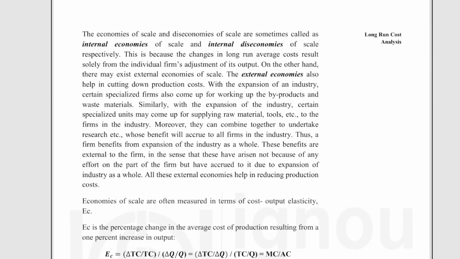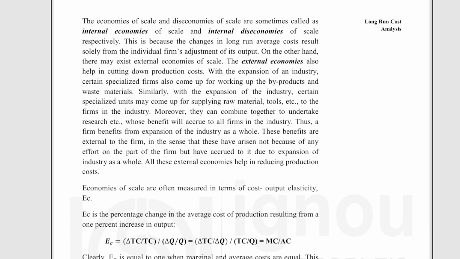The economies of scale and diseconomies of scale are sometimes called internal economies of scale and internal diseconomies of scale, respectively. This is because the changes in long run average cost result solely from the individual firm's adjustment of its output. On the other hand, there may exist external economies of scale, and the external economies also help in cutting down production cost.